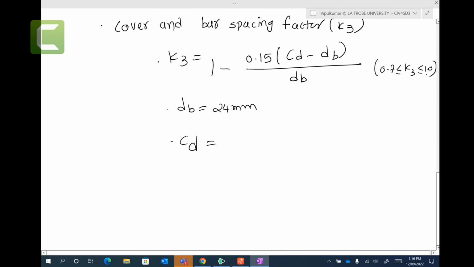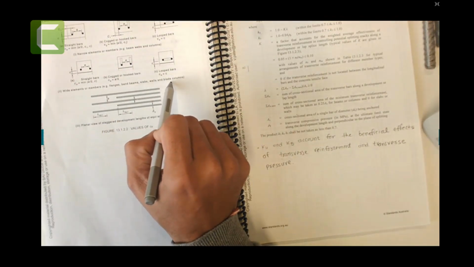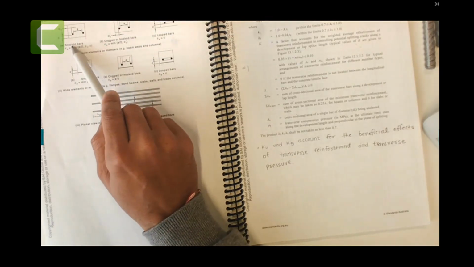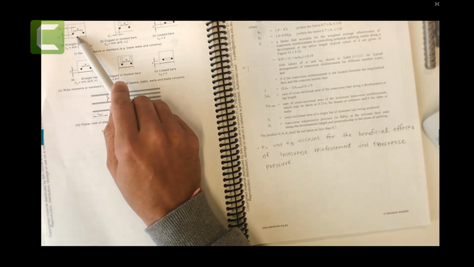For the calculation of cd, we have options: narrow element or member, such as beams, walls and columns, and wide element or member, such as flange, band beam, slab, and walls. We need the beams, walls and columns option. I think we are in this situation, since we have straight bars, as given in our example. So it is the minimum of a/2, c1 and c.